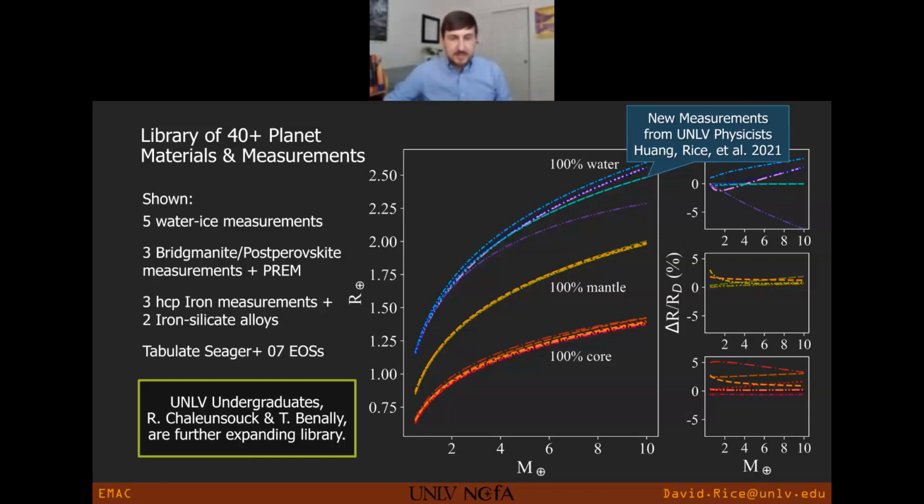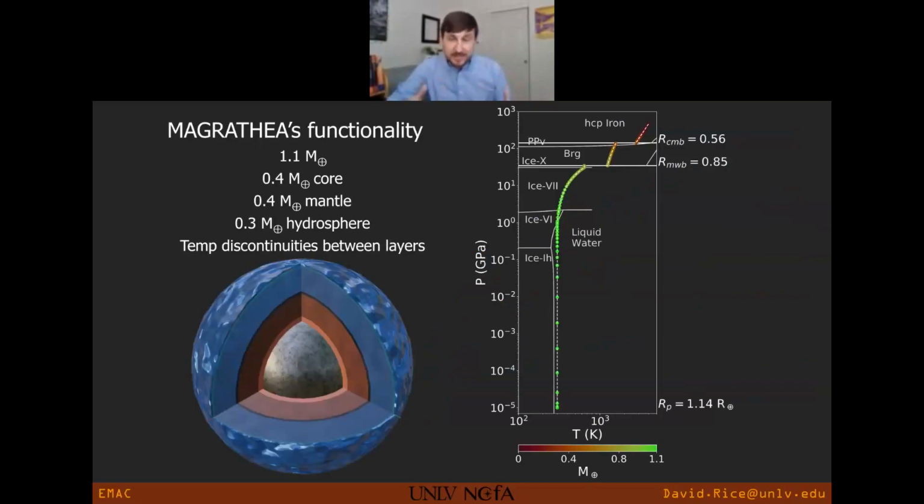So what you get out of MAGRATHEA, this kind of symbolizes all the functionality of MAGRATHEA. You put in this differentiation for a 1.1 Earth mass planet. You can also put temperature discontinuities between the layers. We have a jump in a conductive layer between the core and the mantle on the Earth. And over on the right, we see the output for this code.